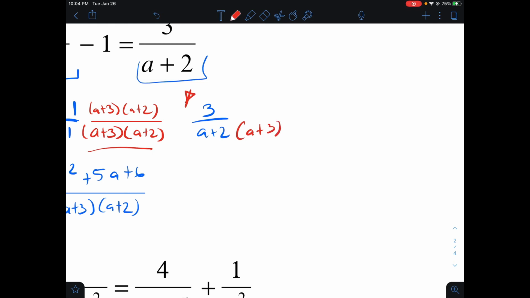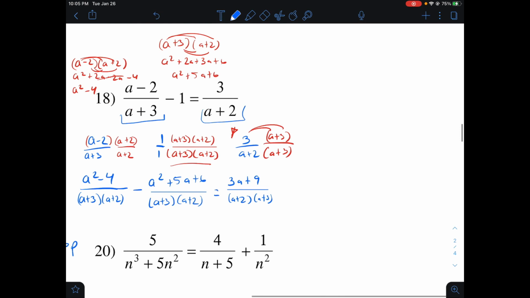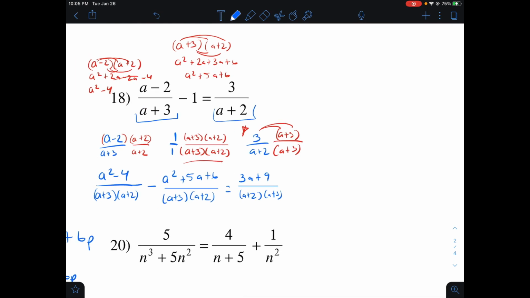That's what it's missing. Keep in mind, you either have to FOIL or distribute on top. So we distribute, and this equals 3a plus 9 all over a plus 2, a plus 3, just like we wanted. We're making good progress here, people.